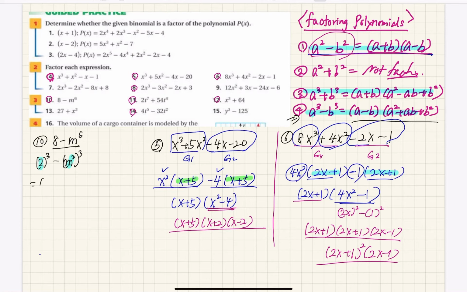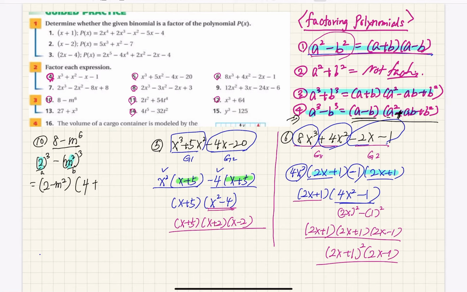I'm going to factor the a cubed minus b cubed form. A is 2, b is m squared. So the first factor should be a minus b, which is 2 minus m squared. And then you put a squared, which is 2 squared, 4. Plus, the sign is always positive here.